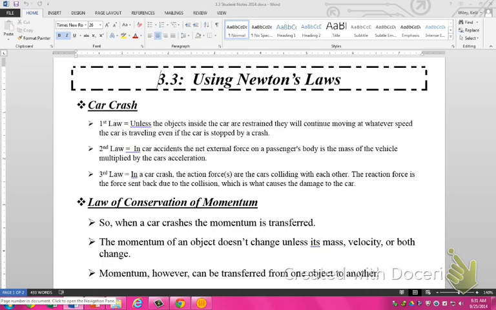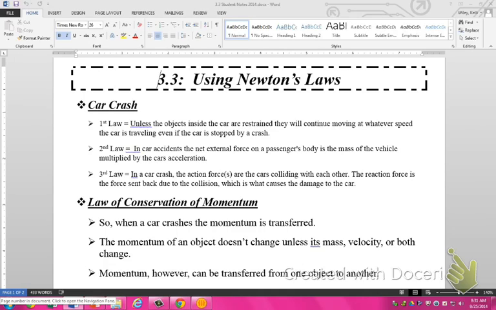So the first one, hopefully you saw that she was flying out, so the object in motion stays in motion, so she flew out of the car. The second one, there's an external force on the passenger because of the mass of the vehicle multiplied by the acceleration.